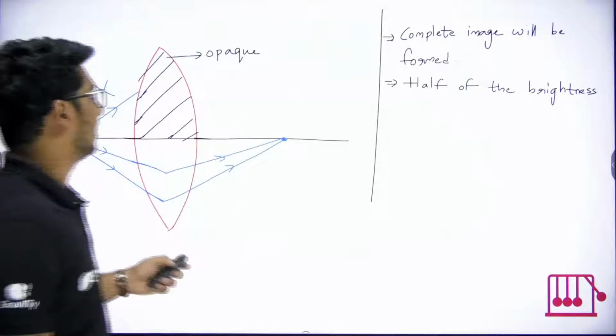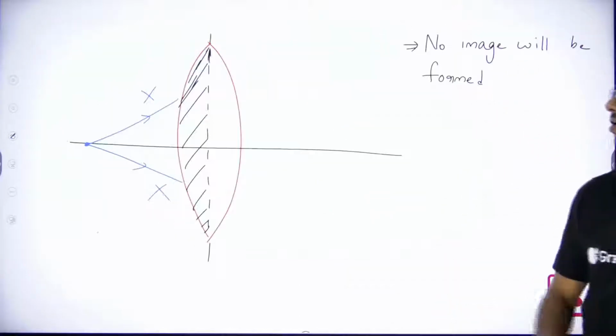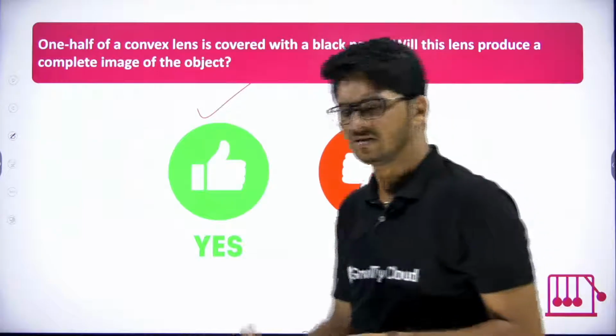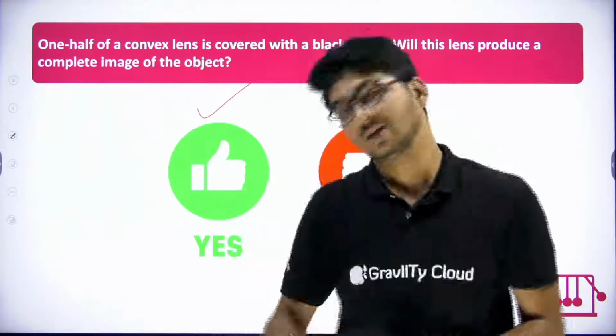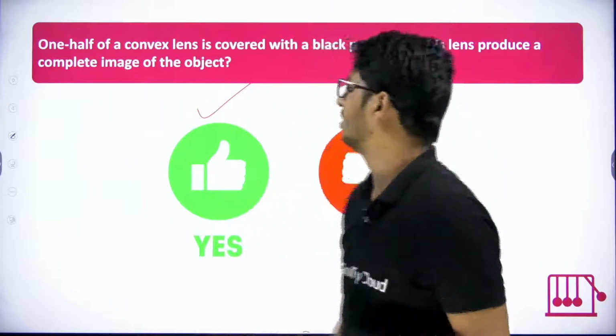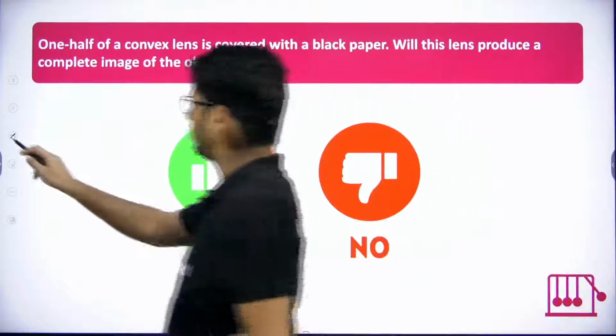So whenever you get these types of questions, you have to be careful which case is given. I did not specify any particular case here, so we discussed both cases. But in a proper question, the case will be specified and you have to answer according to that.